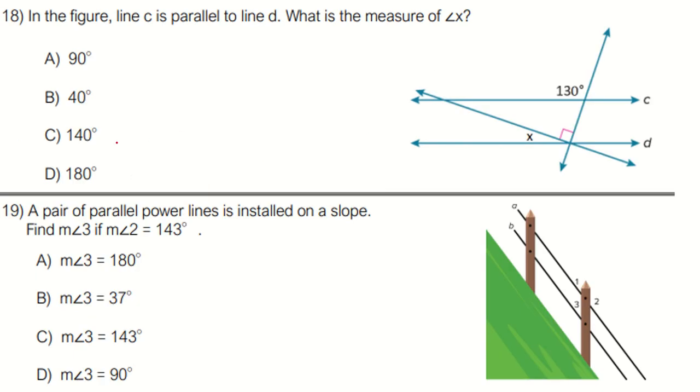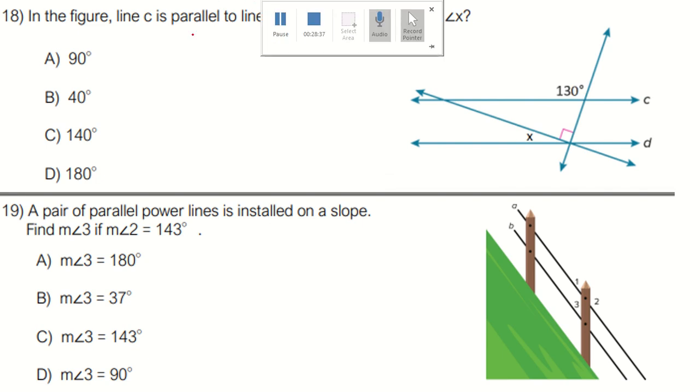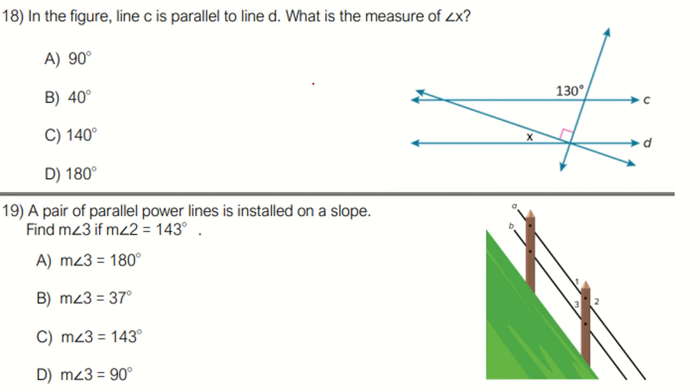Now, in the figure, line C is parallel to line D. What is the measurement of X? See, this one and this one are parallel. So what is the measure of X? You see, this angle is 130. So this angle will also be 130. Why? Because corresponding angles must be equal.